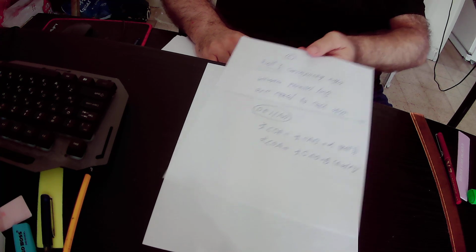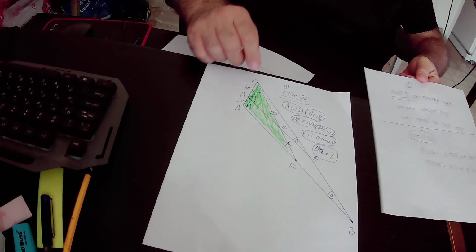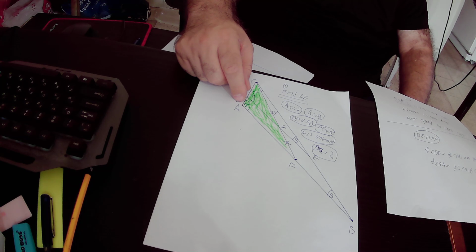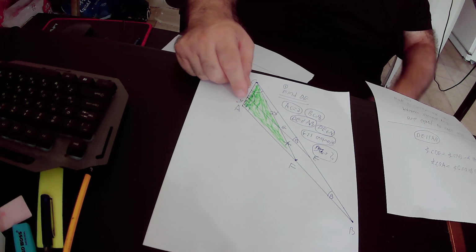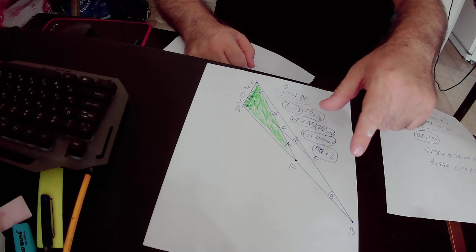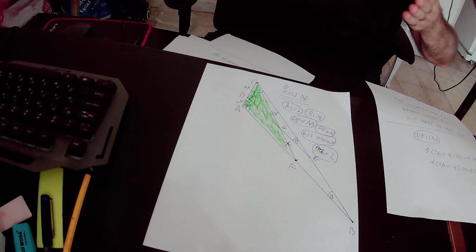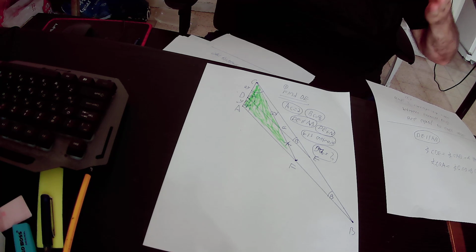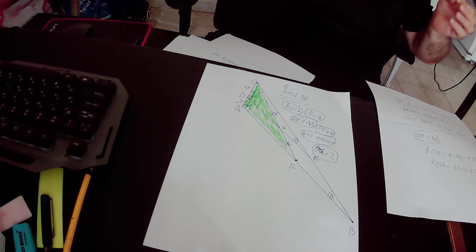So we found out that those two angles are both equal to alpha, and those two angles are both equal to beta, according to rule number 3.